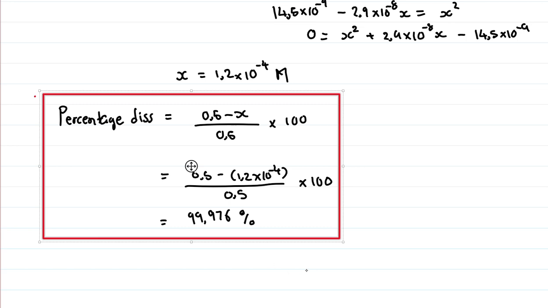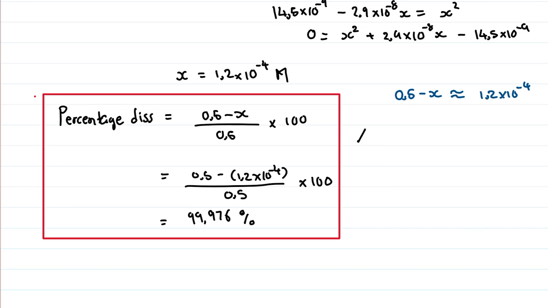This solution is incorrect, so we're going to have to assume that 0.5 minus x is equal to that value over there, and then we're going to find the percentage dissociation.